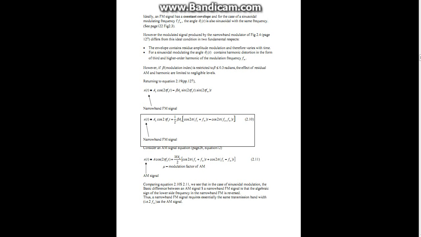This is the main conceptual information in the case of the narrowband FM signal. Basically, the spectrum of the narrowband FM signal is slightly analogous to the spectrum of amplitude modulation. In both signals, there are three main components: the unmodulated carrier wave, the upper sideband and the lower sideband. These are the basic fundamental concepts of the narrowband FM signal.